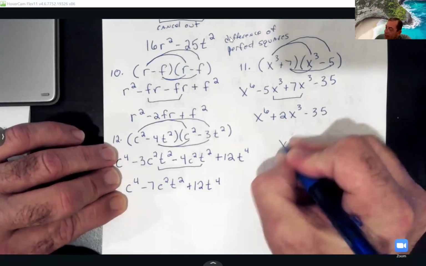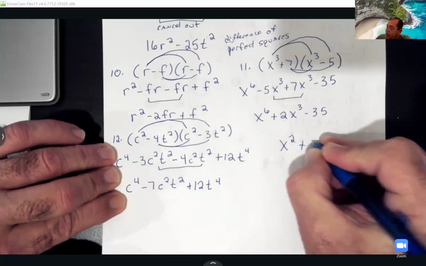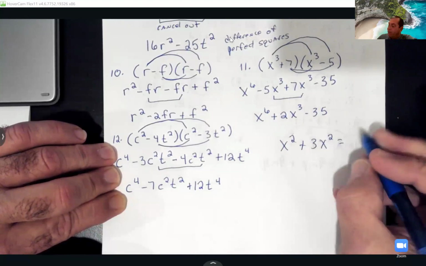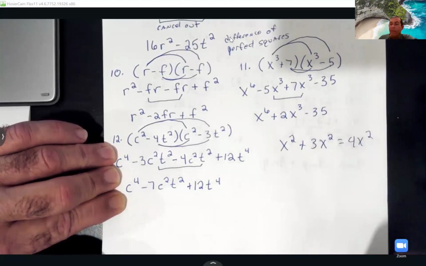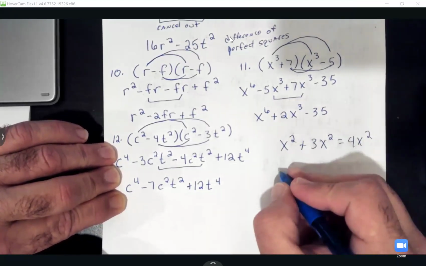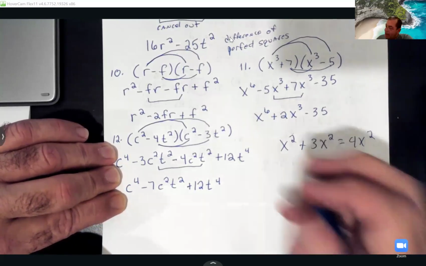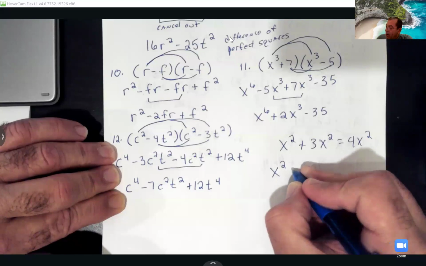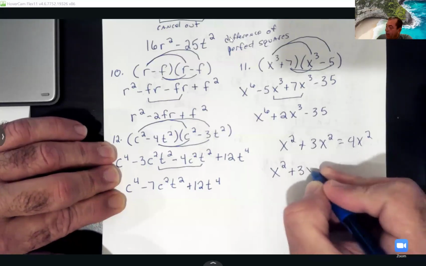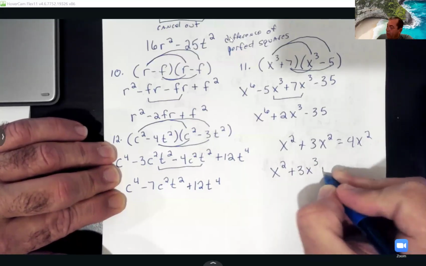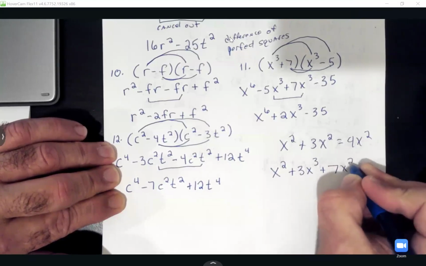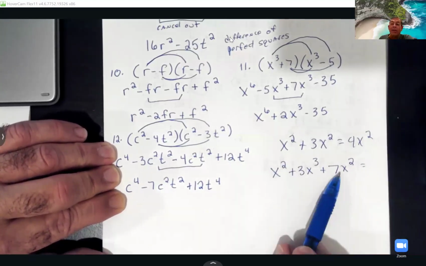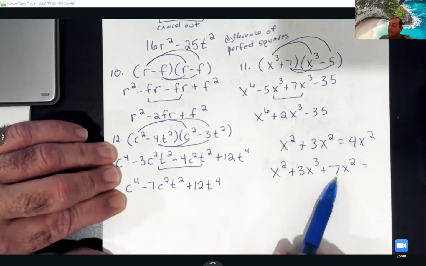So you can add, say, x squareds plus x squareds and end up with 4x squareds. You can add x cubes plus x cubes. But if you had an x squared plus 3x cubed plus 7x squared, the only like terms are the x squareds.